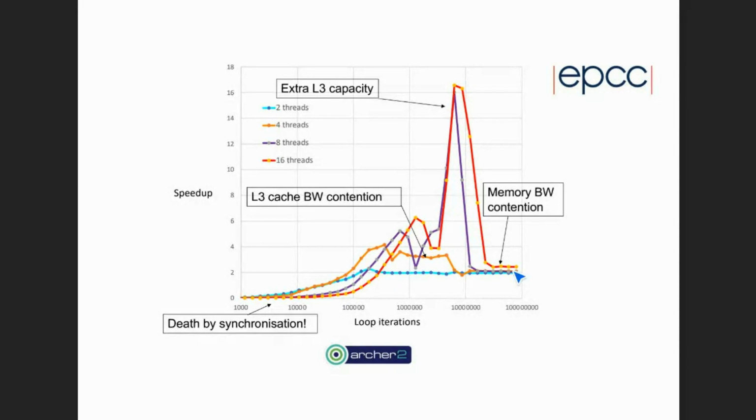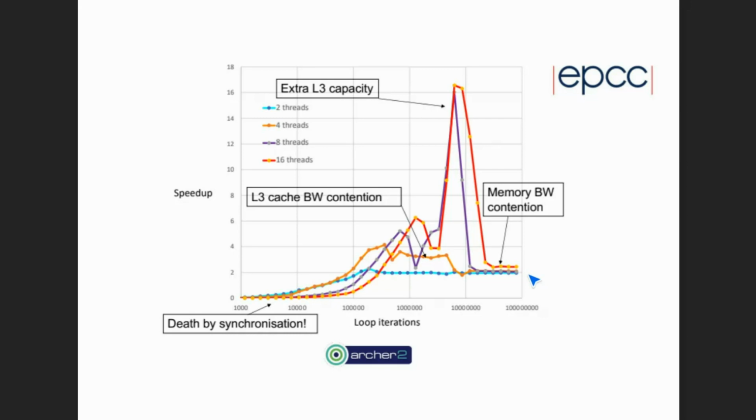You can look at it the other way around and say this is a result of one thread being able to access a big chunk of the memory bandwidth. So you can look at it both ways round and ask whether this is a good hardware design or not. It means that if I'm only running one thread, it gets a lot of the memory bandwidth. But for HPC applications, where you want to be using all your cores, it is pretty sad.